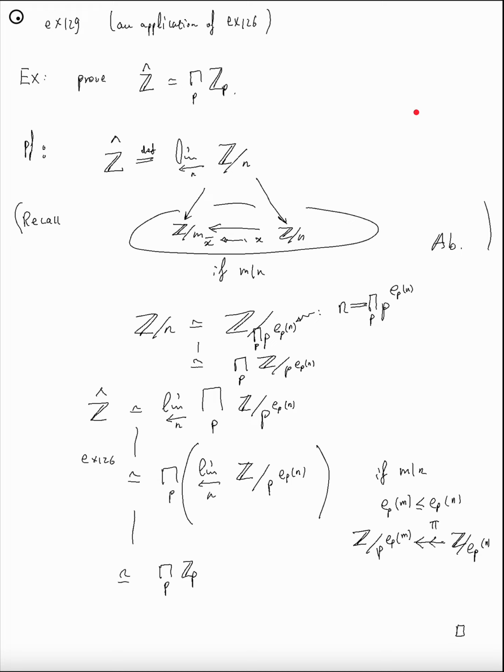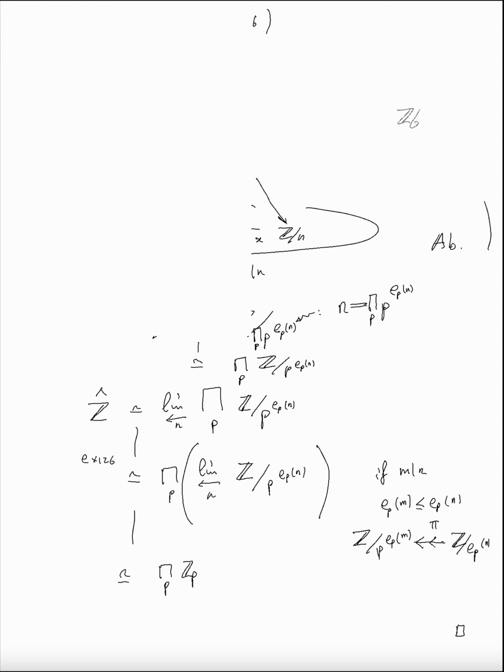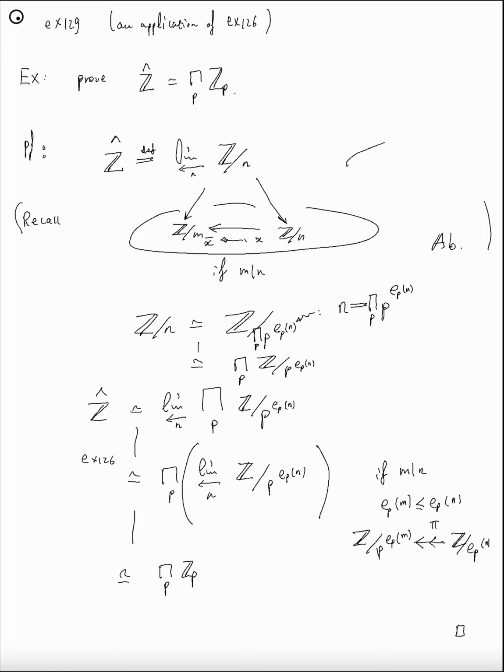Imagine you have Z mod 6 in the diagram here: on the one hand you have Z hat, and here Z mod 2, Z mod 3, Z mod 6.